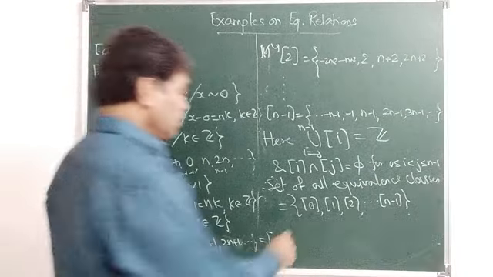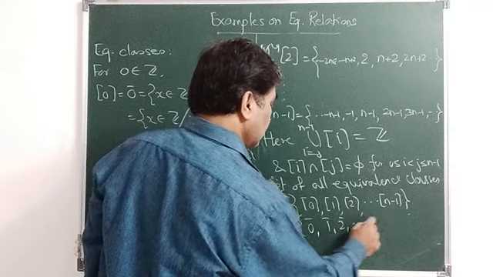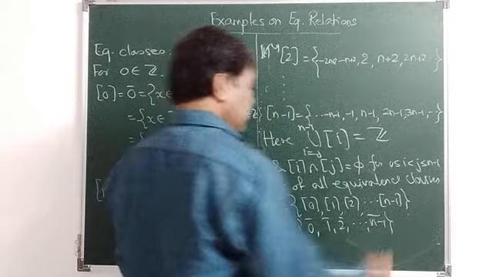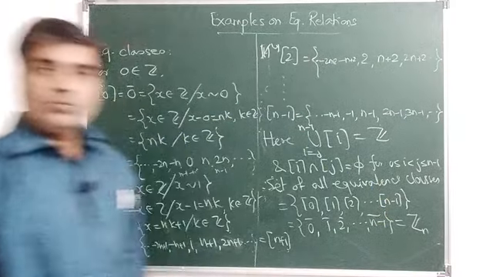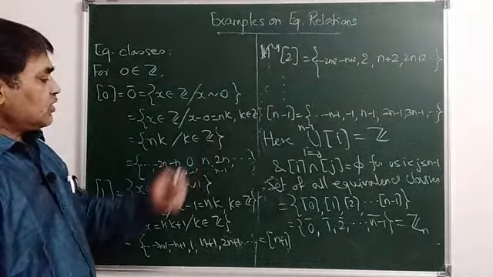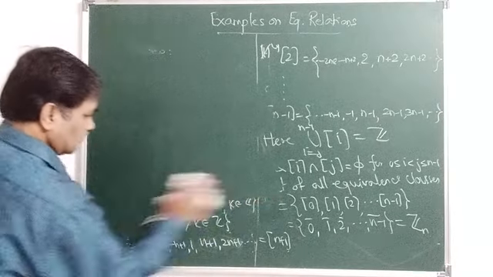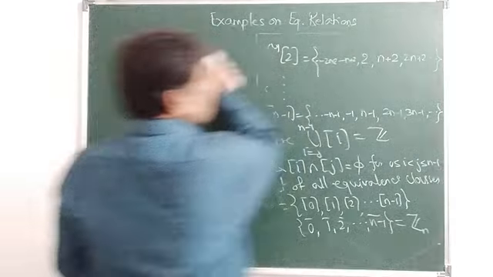Later on, we are going to denote this by 0 bar, 1 bar, 2 bar, and so on, n minus 1 bar. This set we are going to denote by Zn, for further study. Is it clear?